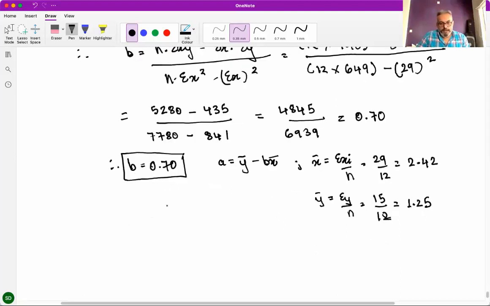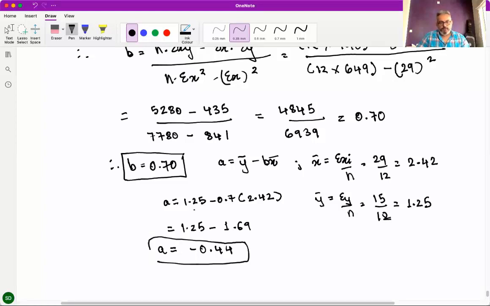So now a is equal to y bar, which is 1.25, minus 0.7 into x bar, 2.42, which is 1.25 minus 1.694, so 1.69, which is equal to minus 0.44. So a is equal to minus 0.44.